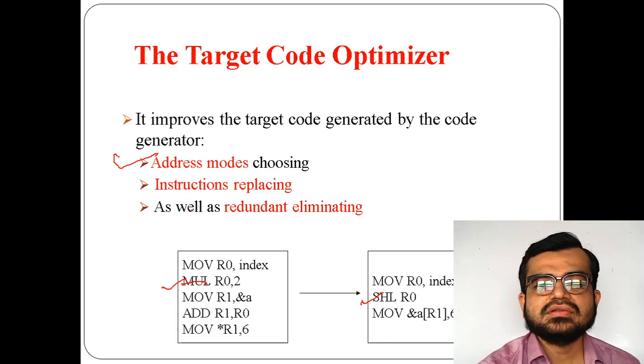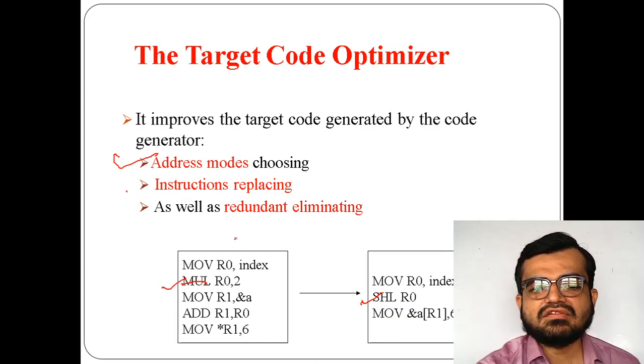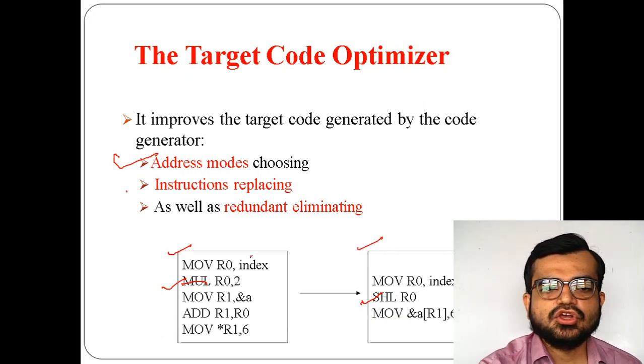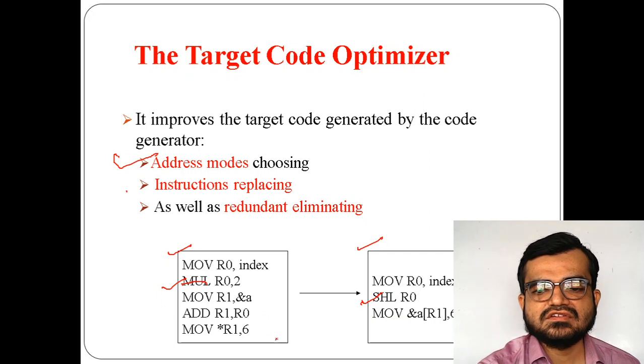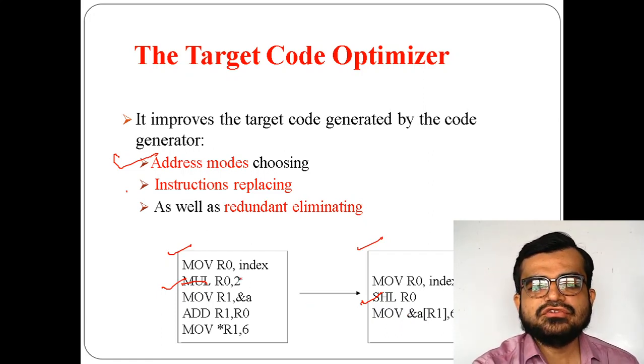And also instructions replacing means here you can find the instructions in this form and in this form are different. So the number of instructions are changing here, replacing here. If you see now, wow, it is decreasing.